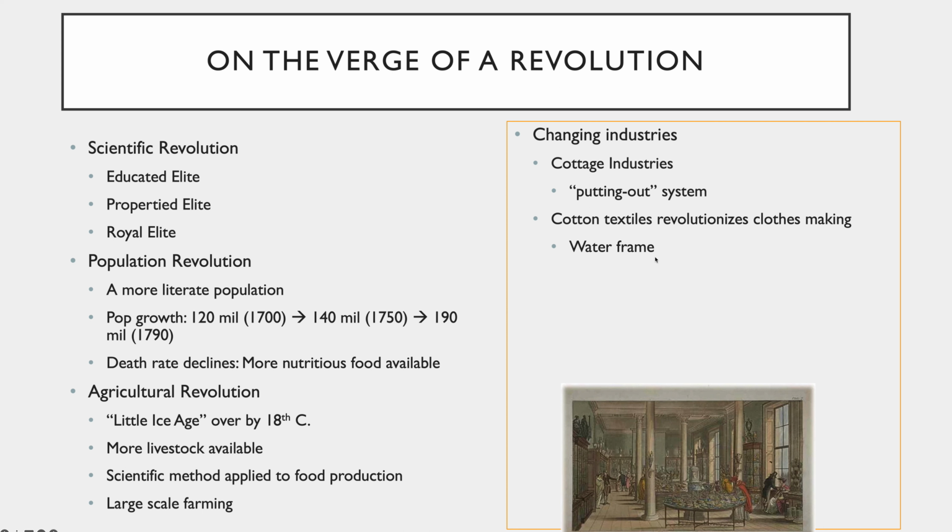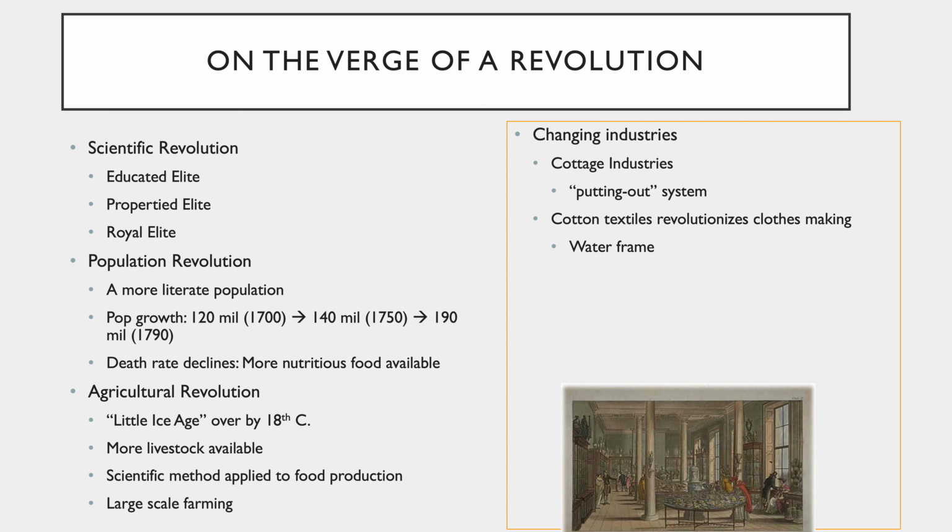The water frame, you could Google it. Maybe I'll be able to put a clip, but the water frame is able to produce more yarn than a family ever could, working by hand. And in doing this, technology begins to replace that kind of physical labor.